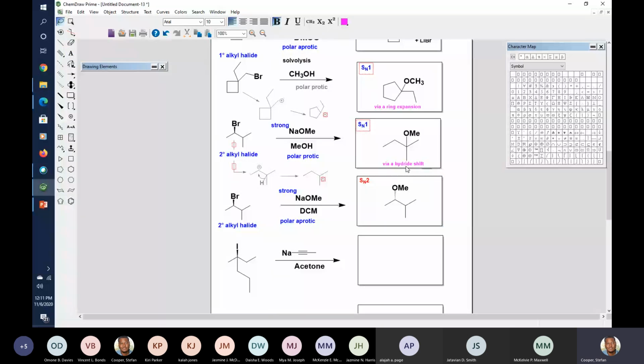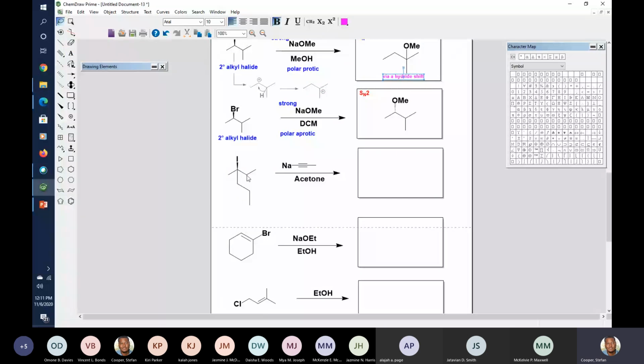All right, let's look at this. I'm sorry, not my last, but close to the end here, this next example. This alkyl halide is tertiary. I'm hoping everybody is getting comfortable with that. Right, the carbon that has the halide here has 1, 2, and 3 carbons. So that's a tertiary alkyl halide. All right, my nucleophile here is strong.